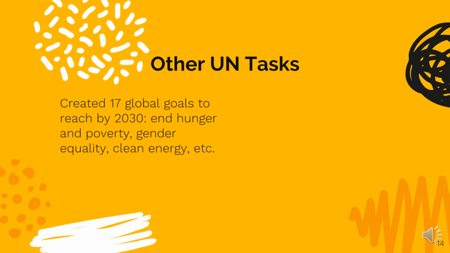And the UN has also created 17 global goals that they hope to reach by the year 2030. We've talked about this in a previous unit as well, but some of these goals are: one, they want to end hunger, they want to end poverty, they would like to have gender equality, they want to guarantee clean water, sanitation for all people.